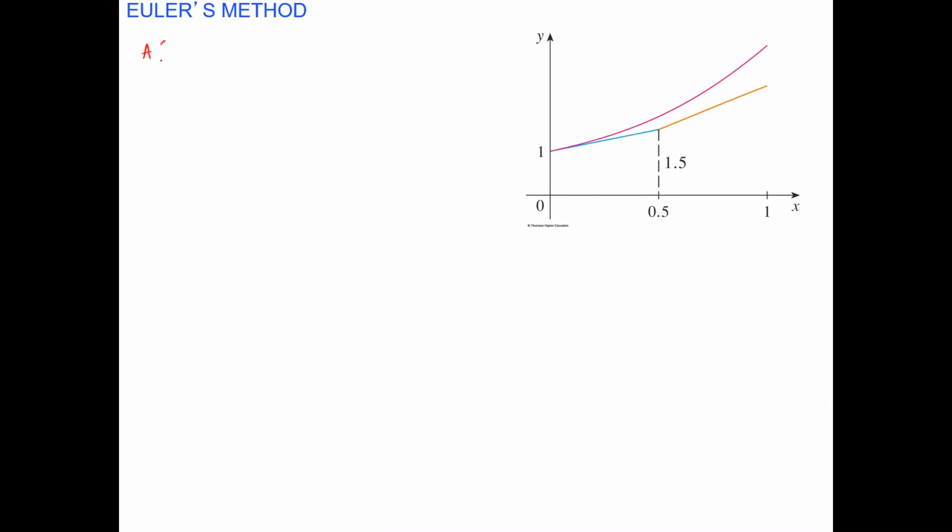Let's say my first point is the point (0, 1), where I am investigating the tangent line, and I can call it x sub 0, y sub 0. We know that the slope of the tangent line at this point will be y prime, which is defined as x plus y, 0 plus 1, which is 1. Now let's use the point-slope form: y minus y sub 0 equals slope times x minus x sub 0.